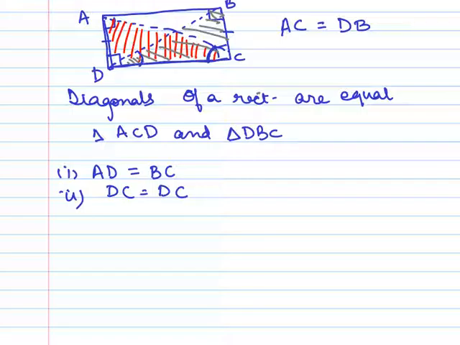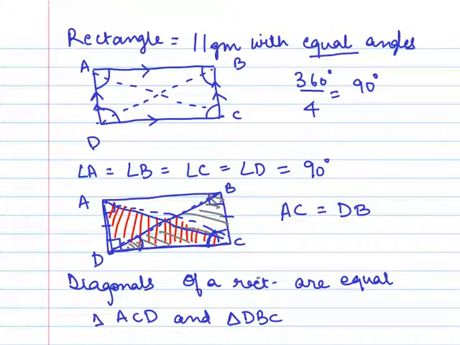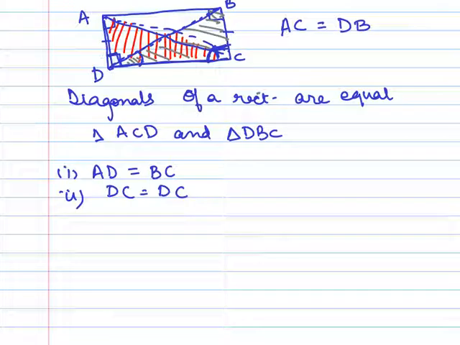Also one more thing over here is AC, we have to prove that the diagonals are equal. We already have proven that the angles of a rectangle are of 90 degrees.